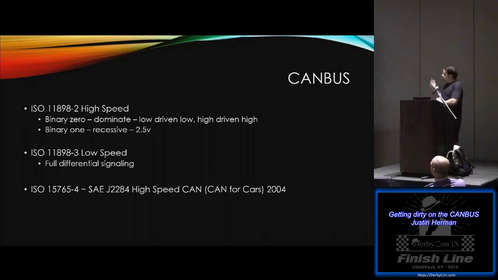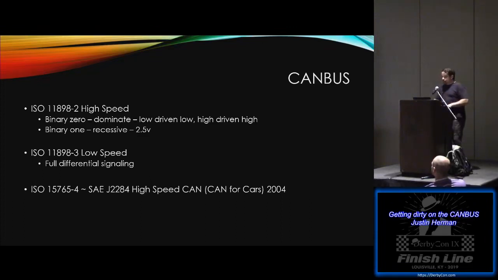So the three different standards that were established: there's ISO 11898-2 for high speed. A binary 0 is considered dominant, when it's driven low for a low signal, and then driven high for a high signal. Binary 1 was recessive, and it commonly floated at around 2.5 volts.